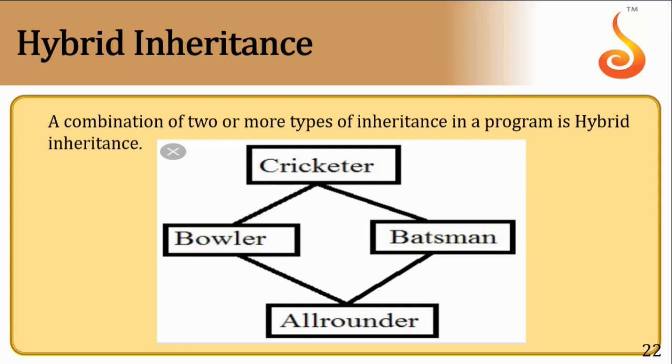It is not compulsory that you should have hierarchical and multiple only. Any two types or more you have in one, then that kind is called hybrid inheritance, a combination of two or more types of inheritance in a program. Please make a note of this.